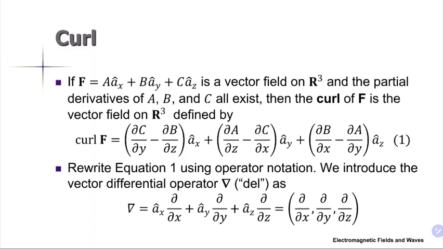The curl of F can be written as the partial derivative of C with respect to Y minus the partial derivative of B with respect to Z, in the X direction, plus the partial derivative of A with respect to Z minus the partial derivative of C with respect to X, in the direction of Y, and so forth. That is the curl of F.